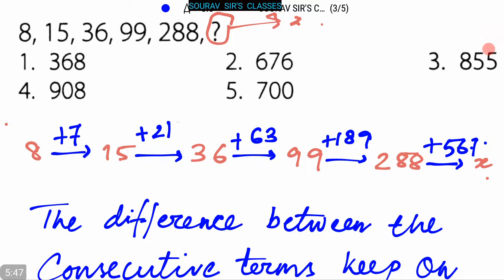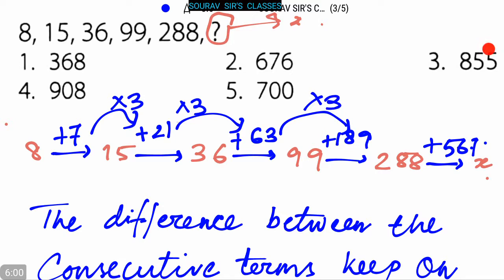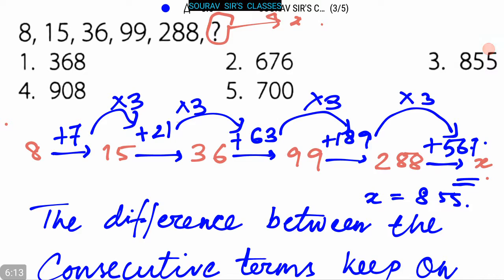That is 7 into 3 is 21. Again 21 into 3 is 63. This is into 3, this is also into 3. Now 63 into 3 is equal to 189, and 189 into 3 is 567. So this term x must be 855. So option 3, that is 855, is the correct answer. So this is our answer.